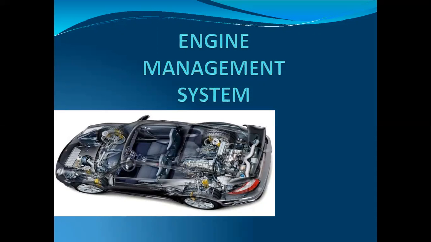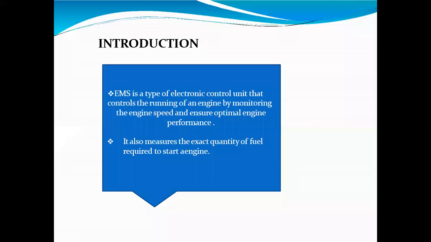So let's see one by one. EMS is a type of electronic control unit that controls the running of an engine by monitoring the engine speed and ensures optimal engine performance. It also measures the exact quantity of fuel required to start the engine.